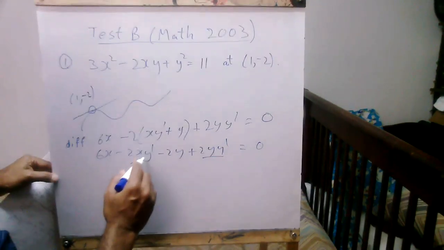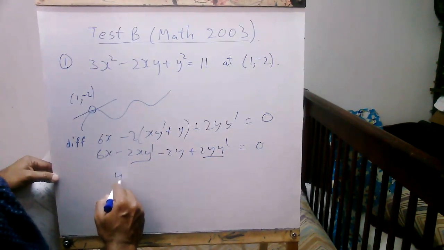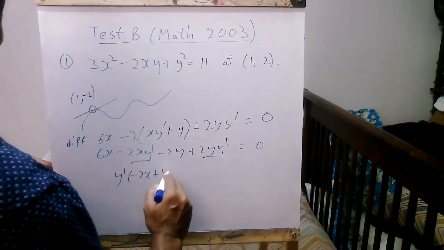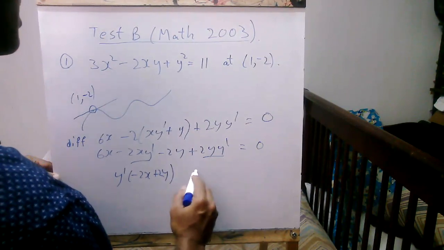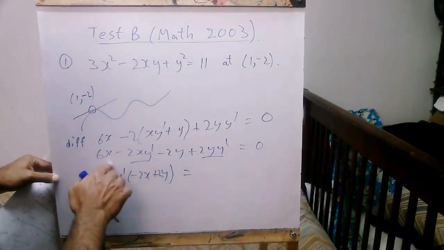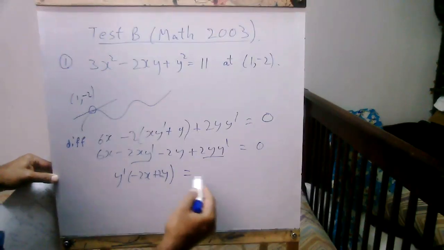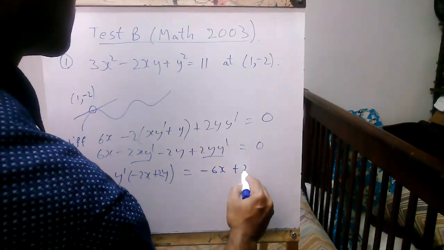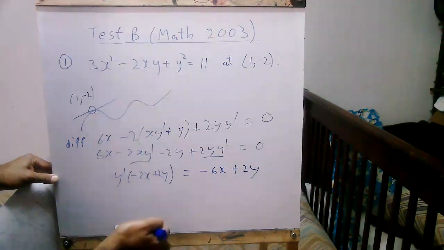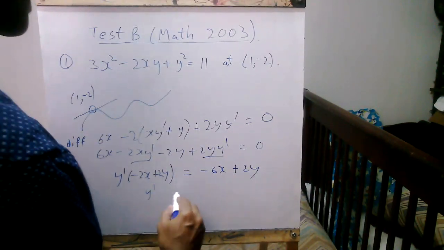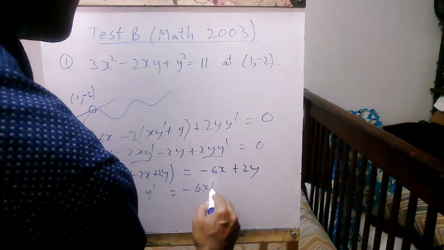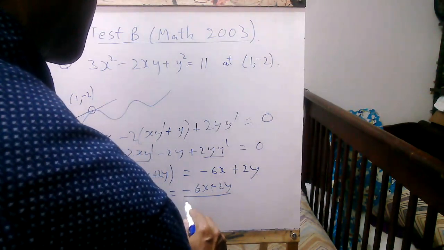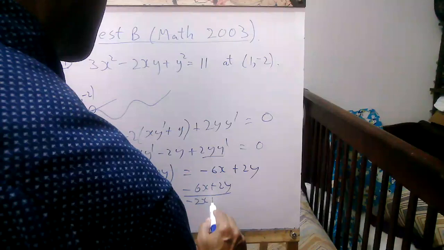Then y prime times (-2x plus 2y) equals negative 6x plus 2y. Dividing, we get y prime equals (-6x plus 2y) divided by (-2x plus 2y).